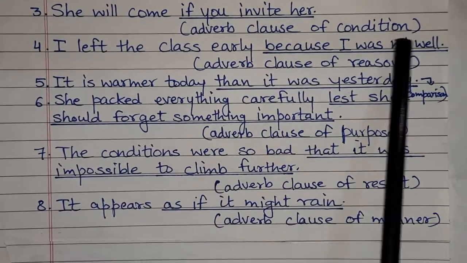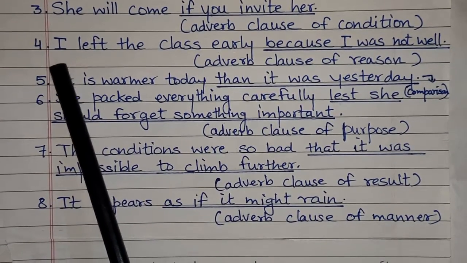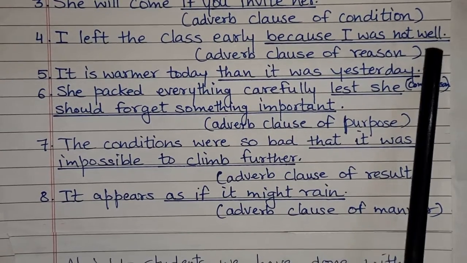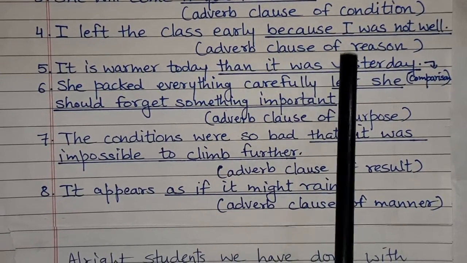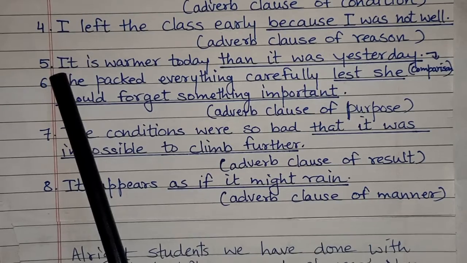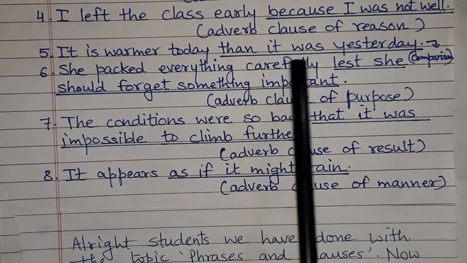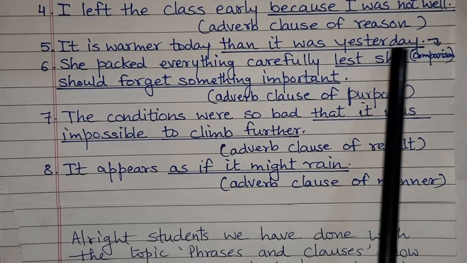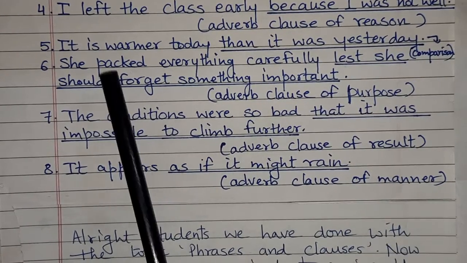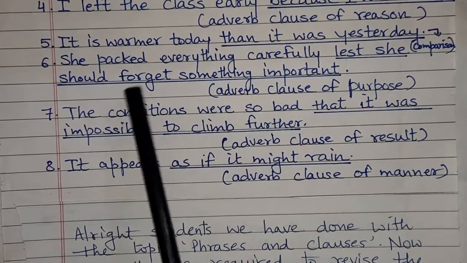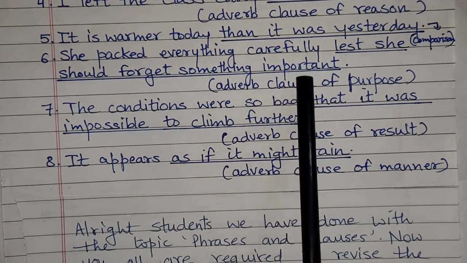Then number 3, she will come if you invite her. Adverb clause of condition. Then number 4, I left the class early because I was not well. Adverb clause of reason. Then number 5, it is warmer today than it was yesterday. Adverb clause of comparison. She packed everything carefully lest she should forget something important.